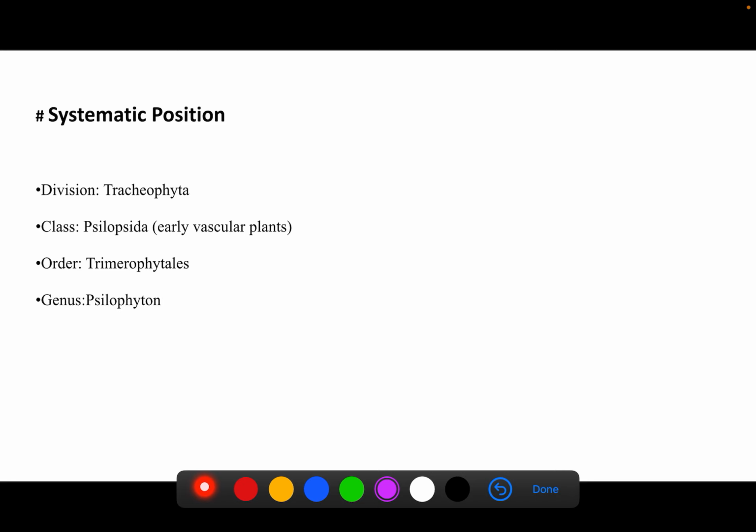First, let us check the systematic position. The division is Tracheophyta. When we say Tracheophyta, these are vascular plants. Vascular plants means they have xylem and phloem. The plant body will be differentiated into axis and conducting tissues like xylem and phloem.